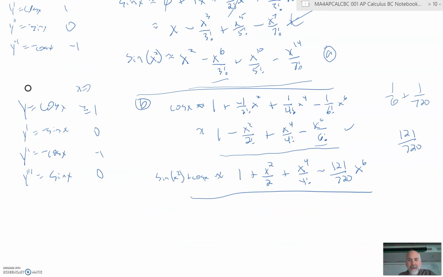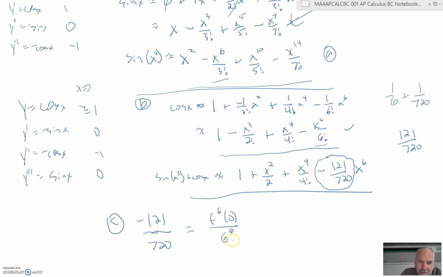Aha, there's a way. This coefficient right here, negative 121 over 720, is taking that part of the Taylor series. So this thing represents f6 of 0 over 6 factorial, because that would be the coefficient for x to the 6th.